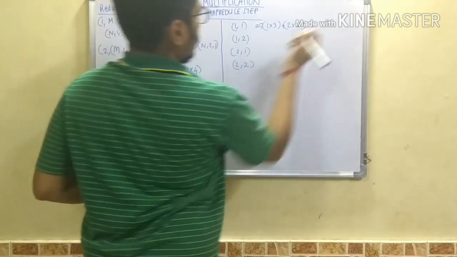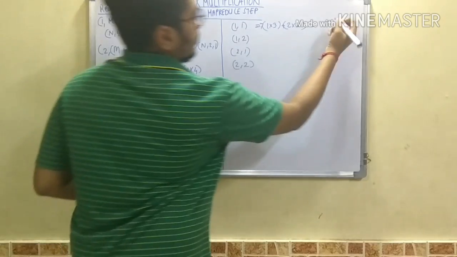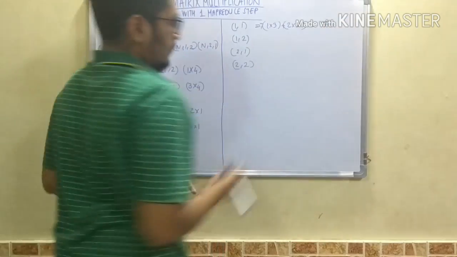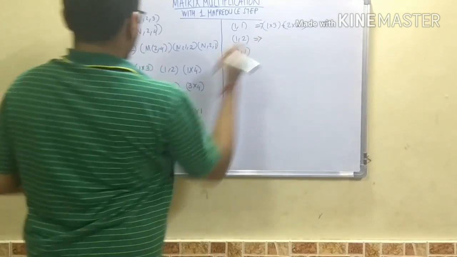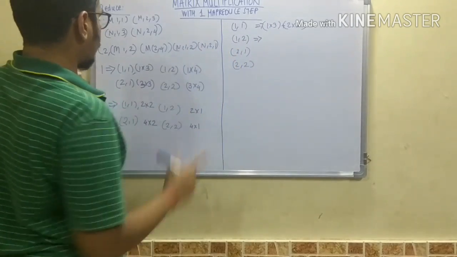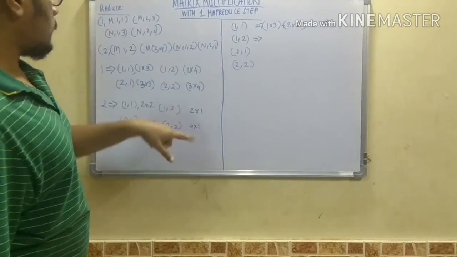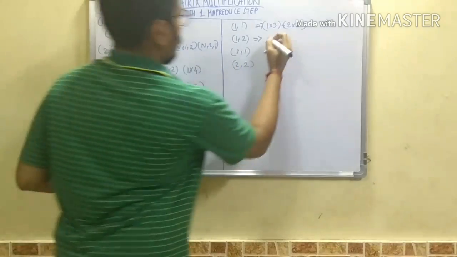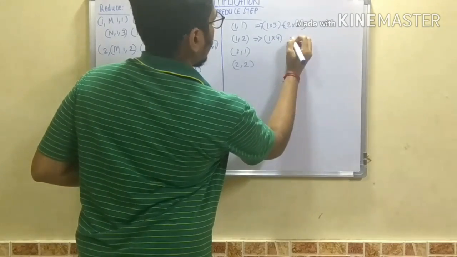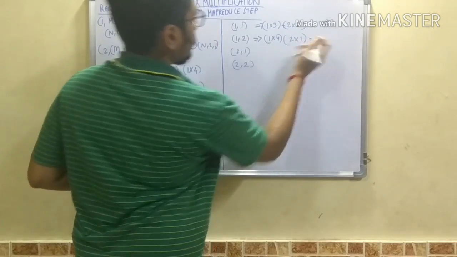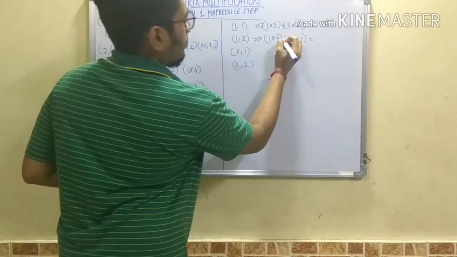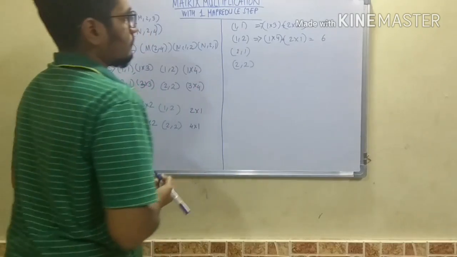So this will give 3 plus 4, that is 7. Next is 1 comma 2. For 1 comma 2 we have 1 into 4 and 2 into 1. So this will give us 4 plus 2, that is 6.